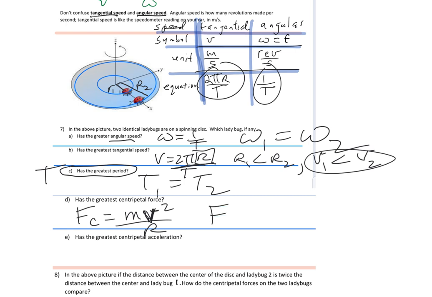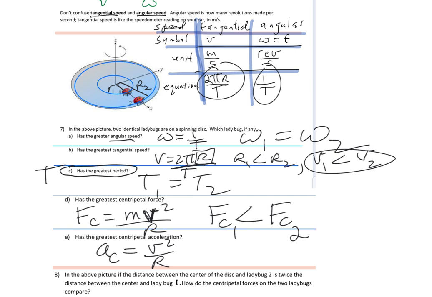The friction needed to keep Ladybug 1 on the disk, the centrifugal force, would be less than the friction needed to keep Ladybug 2 on the disk. Who has the greatest centrifugal acceleration? Okay, that's V squared over R.